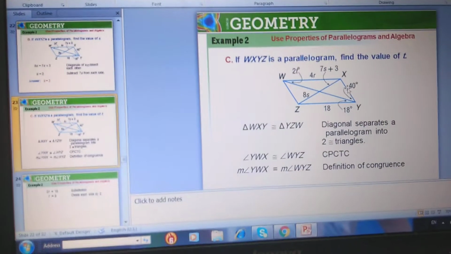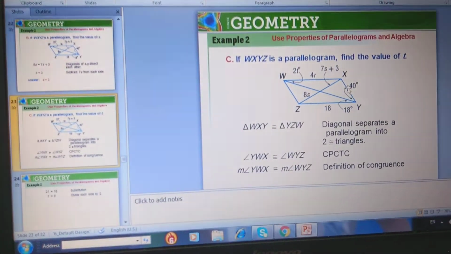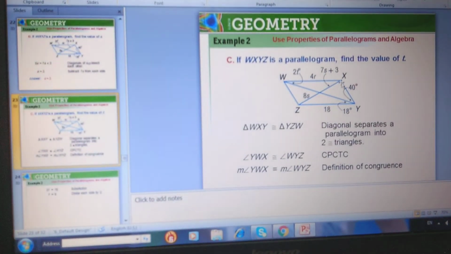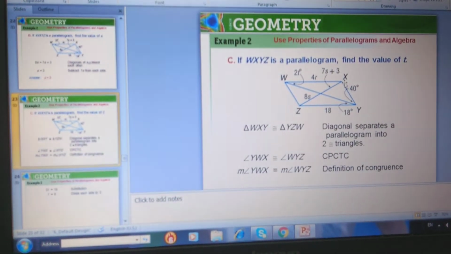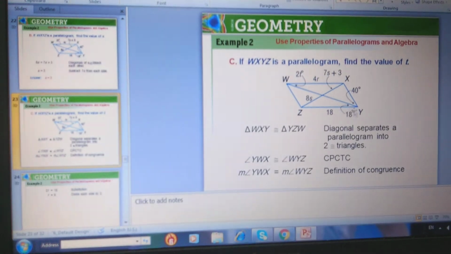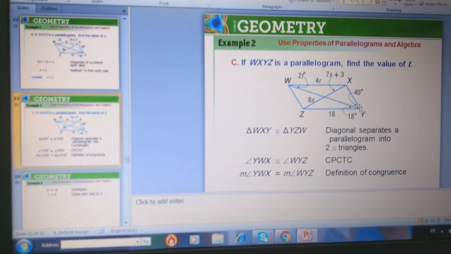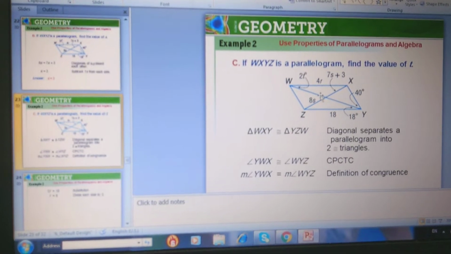In two congruent triangles, I said sides are equal and angles are equal.